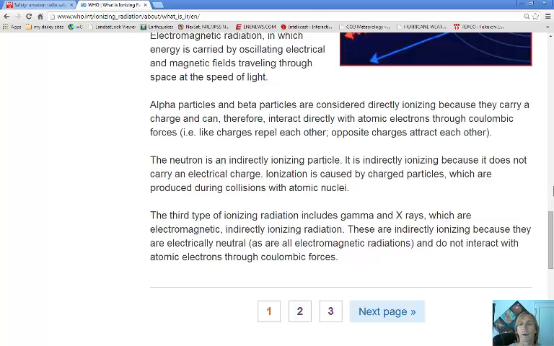These are indirectly ionizing because they are electrically neutral, as are all electromagnetic radiations, and do not interact with atomic electrons through Coulombic forces.